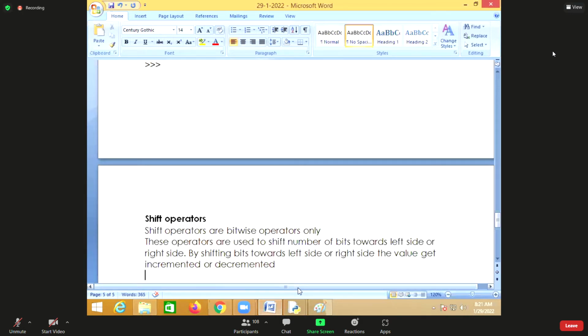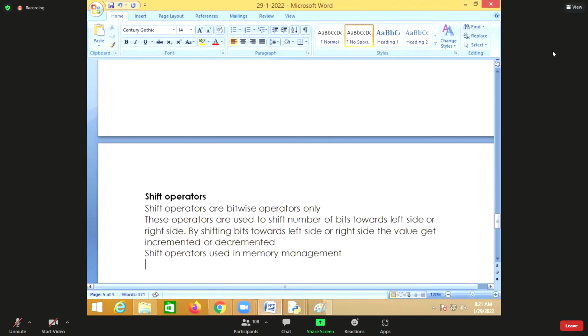Actually, shift operators are used in memory management by some operating systems and compilers. You'll be adding some bits and removing some bits. By using the shift operator, you can add bits and remove bits.